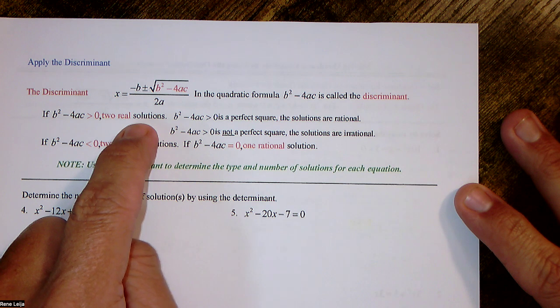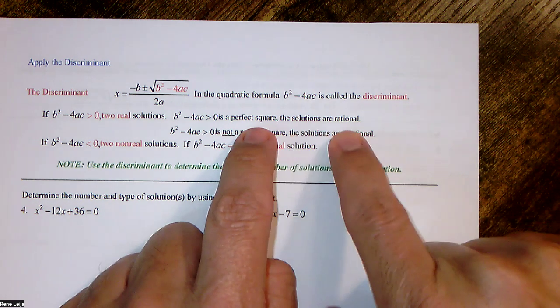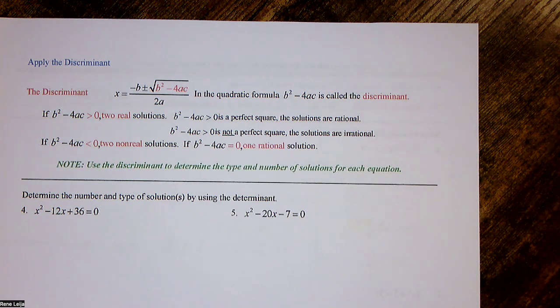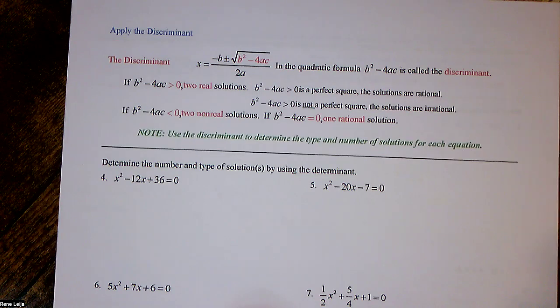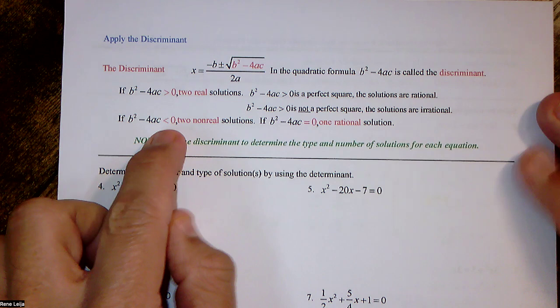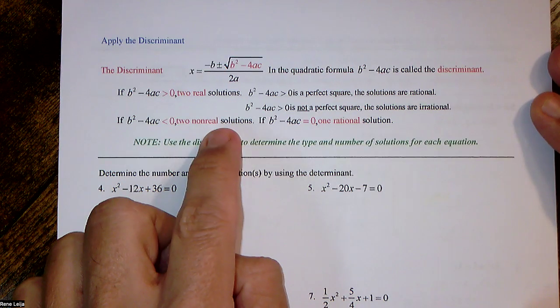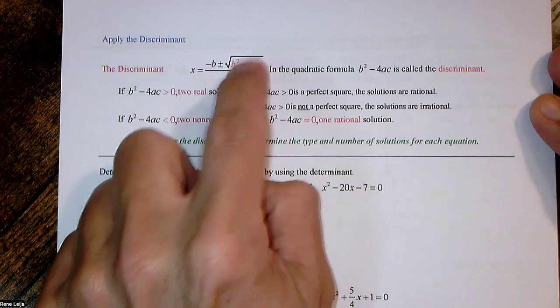Okay? So if it's a perfect square, you get 2 rational solutions. If it's a non-perfect square, it's 2 irrational solutions. If your discriminant is less than 0 or negative, then you have 2 non-real solutions. That means you're going to have an i. If it's negative, you get a negative inside of the radical.